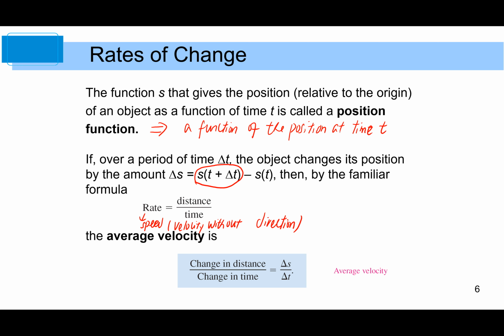Velocity is the term with the direction. The average velocity equals the change in distance over the change in time, which is delta s over delta t. So that's the definition of average velocity.